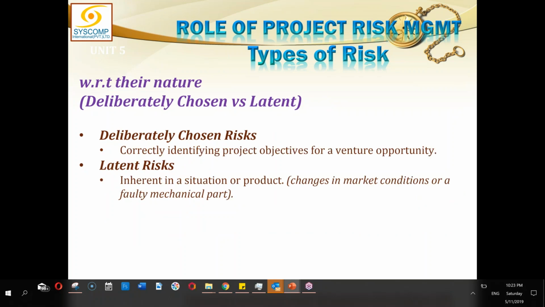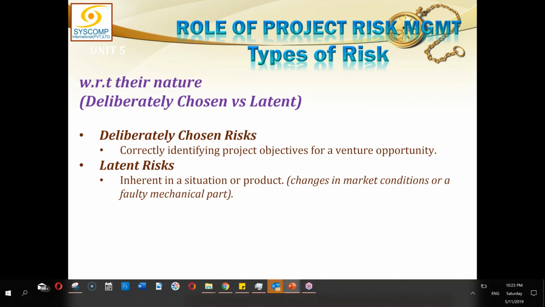Then we can have deliberately chosen risks versus latent risks. Deliberately chosen risks come from correctly identifying project objectives for a venture opportunity. So we are focusing on the project objectives and trying to identify specific risks related to those project objectives.